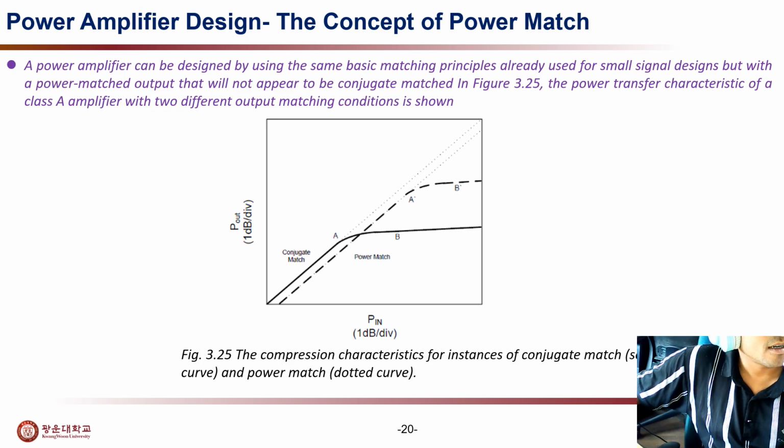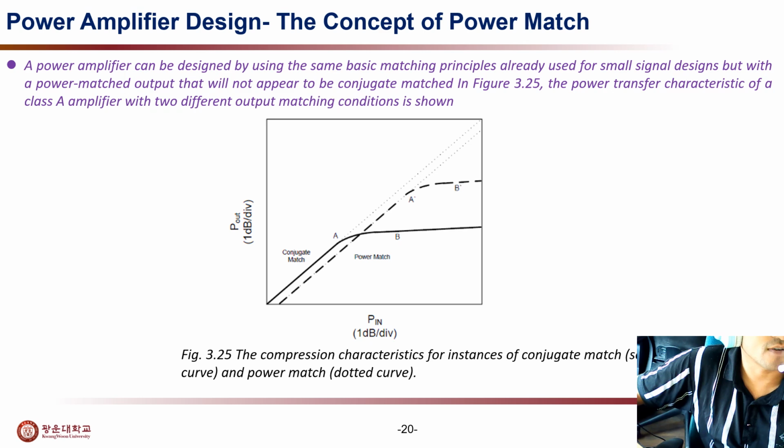Matching is very important in the case of the power amplifier. A power amplifier can be designed using some basic matching principles already used for small signal designs, but with a power matched output that will not appear to be a conjugate match. In figure 3.25, the power transfer characteristics of a class A amplifier are shown with two different output matching conditions.